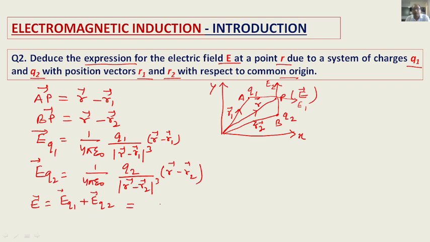We can write it as 1 by 4 pi epsilon 0, which is common to both, times Q1 by magnitude of R minus R1 whole cube times the vector R minus R1, plus Q2 by magnitude of R minus R2 cubed times the vector R minus R2.